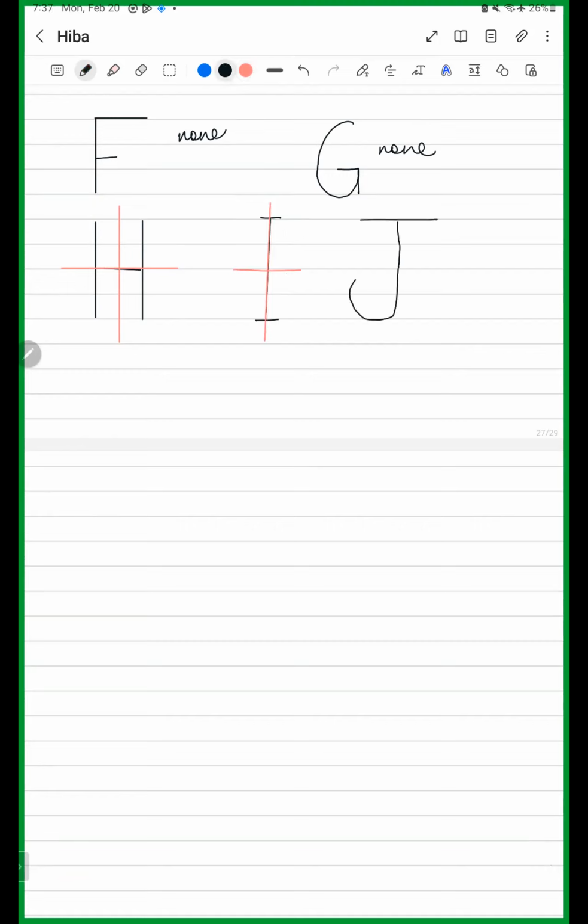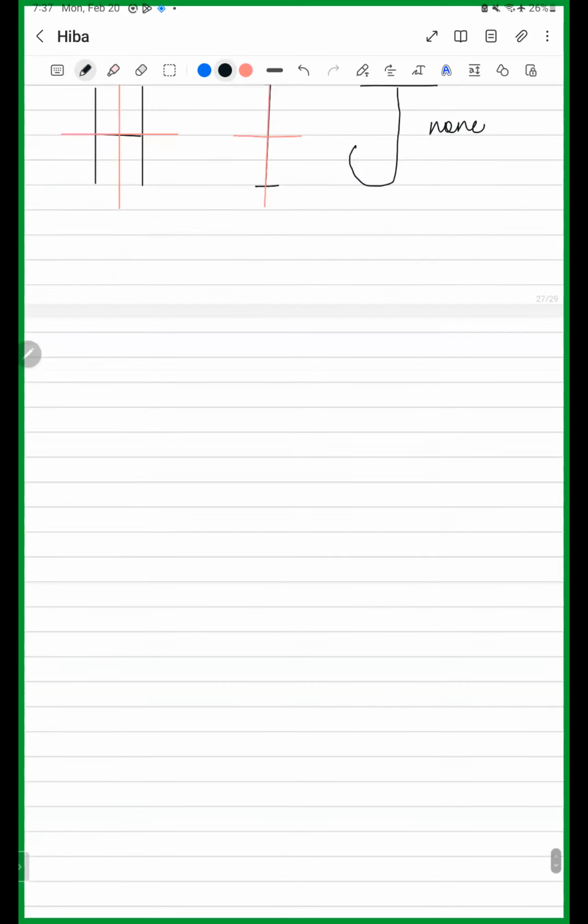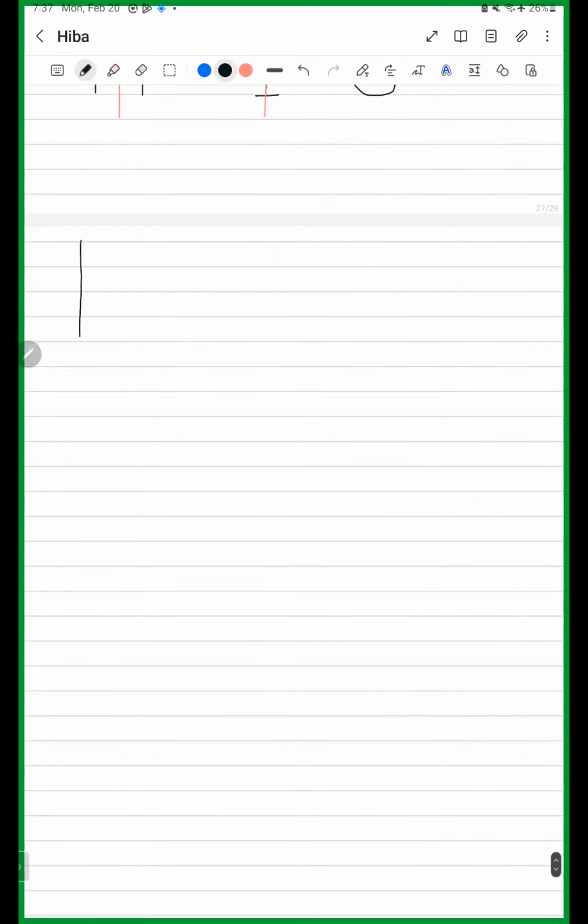Next, K. K is horizontal. Very good. K is horizontal. Then L is none. None. Very good. Then M. M is vertical. Only vertical. Very good. So only vertical.